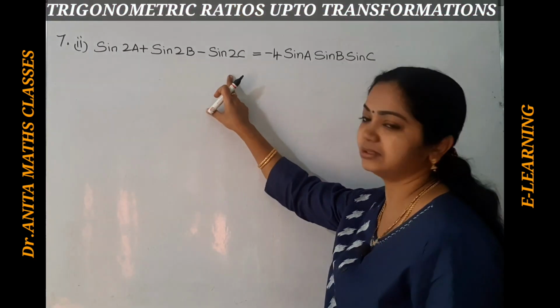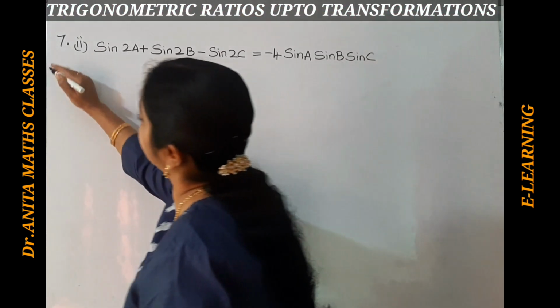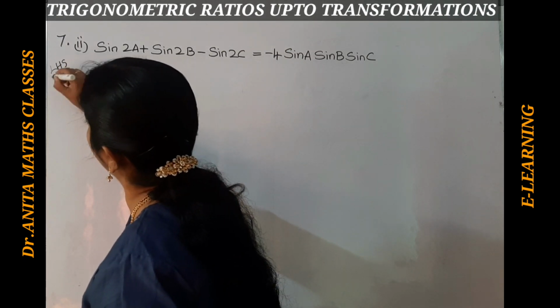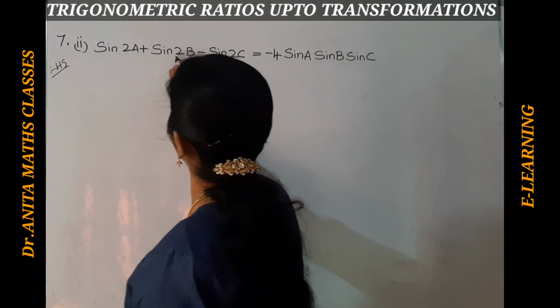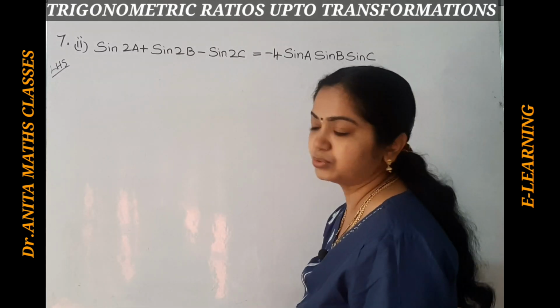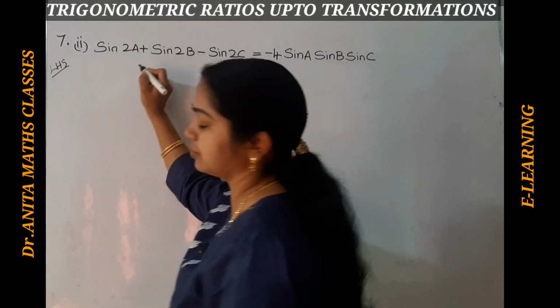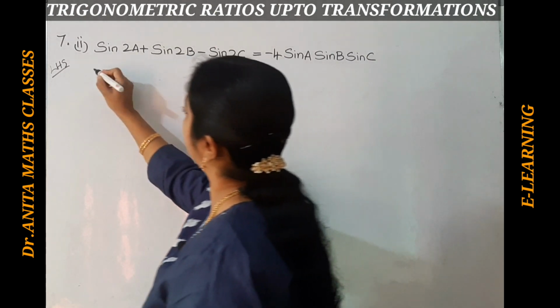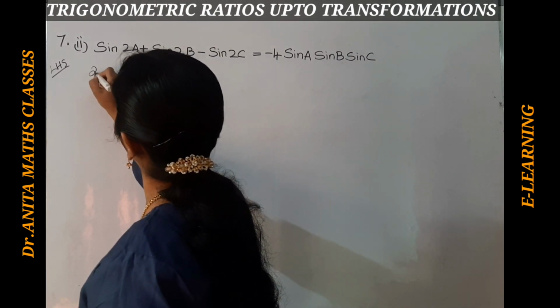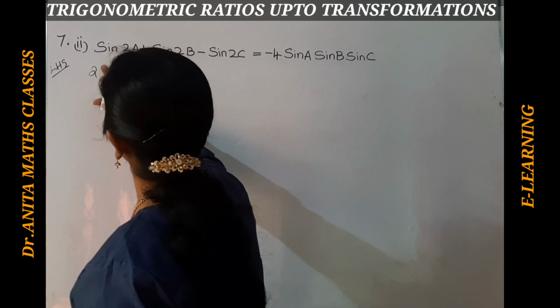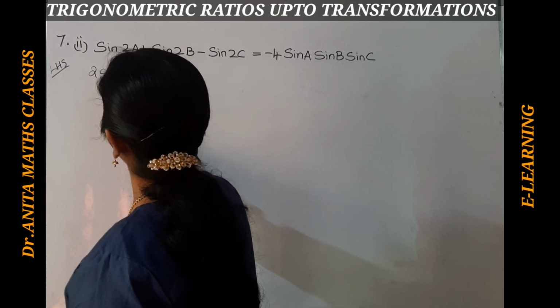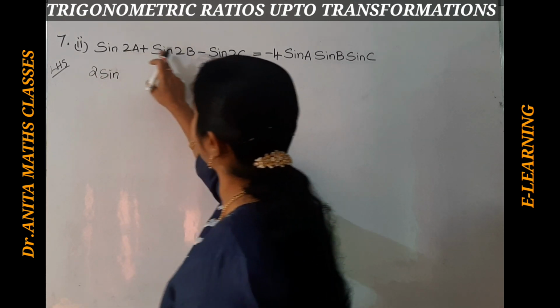Second problem here, the similar way we will do as we have done the first one, taking the LHS part. Here sine 2A plus sine 2B minus sine 2C. So sine 2A and sine 2B, we will make use of the transformations formula. That is 2 sine of A plus B by 2. So A plus B is 2A plus 2B by 2.